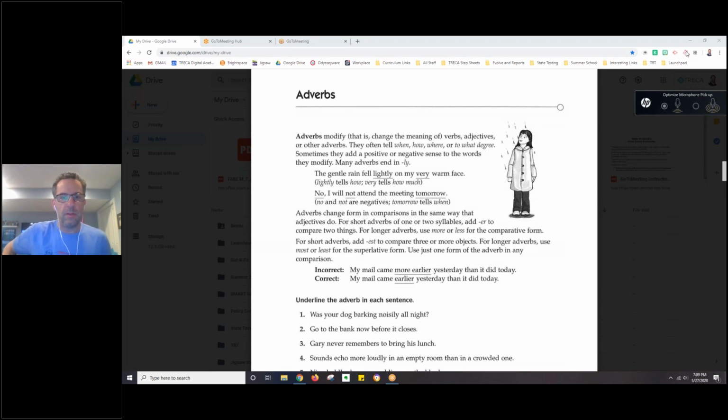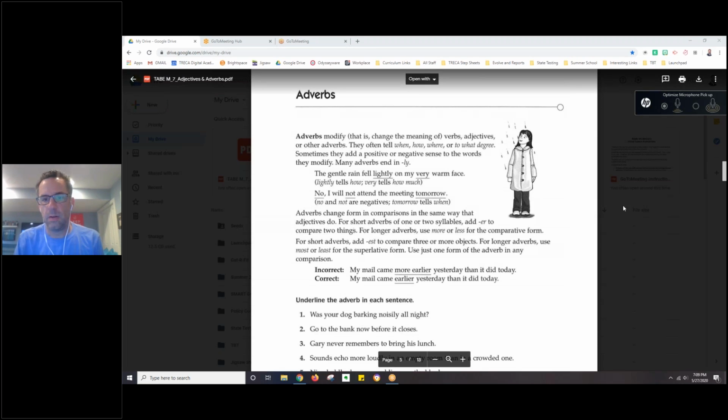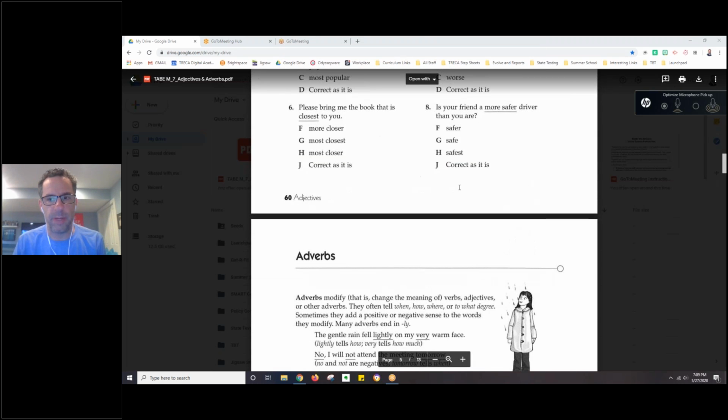This is the continuation of a prior worksheet on adjectives. The adjectives were up to page 60.